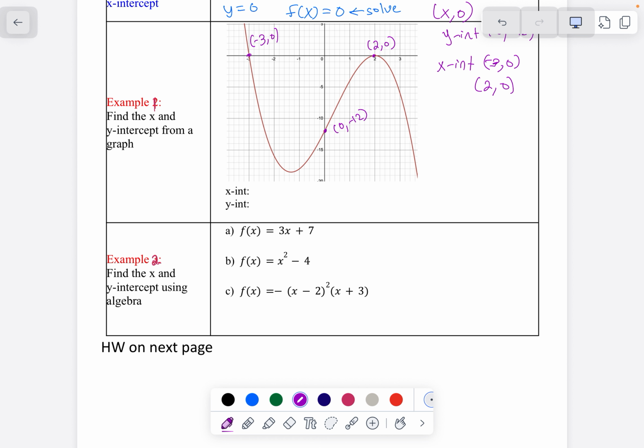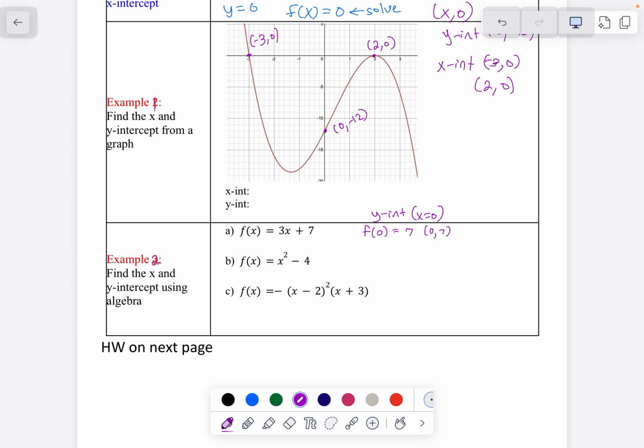For the y-intercept, remember, we're going to plug in 0. So x is going to equal 0. The y-intercept for the first one, if we plug in 0, is going to be 7. So that's the point (0, 7). If we graph that, we're going to see that it hits the y-axis at a value of 7.